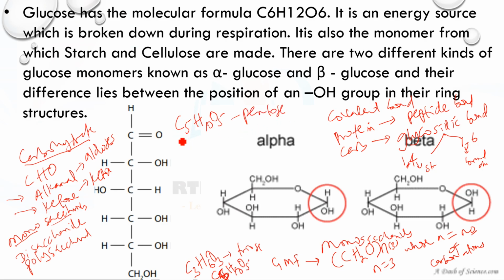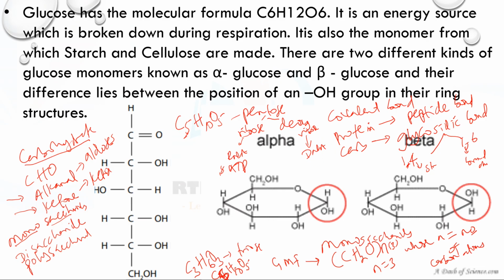This is for pentose sugar, 5 carbon. There are two of them: we have either ribose or deoxyribose. Ribose is found in RNA and ATP. That's the pentose sugar in RNA and ATP, while deoxyribose is the sugar in only DNA. Okay. All right, that's it.